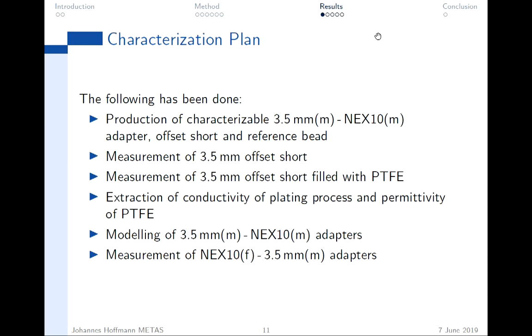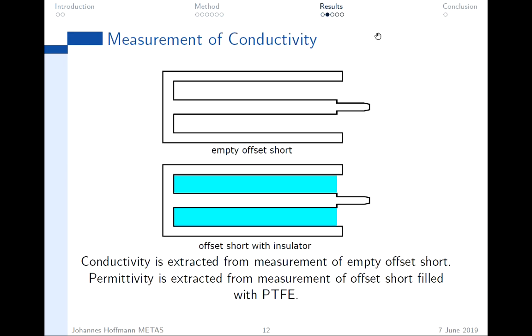We measure the offset short when it is filled with this PTFE bead. And from these two measurements we can basically extract conductivity of the plating and the permittivity of the PTFE. Then we can model this special adapter, and then we can do the electrical measurements to transfer the S parameters from the special characterized adapter to commercial adapters.